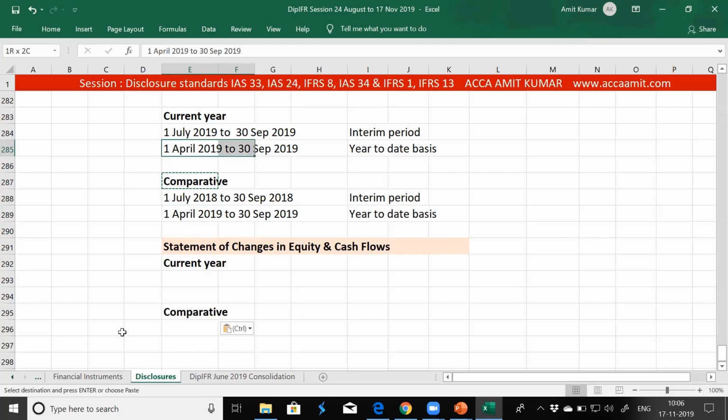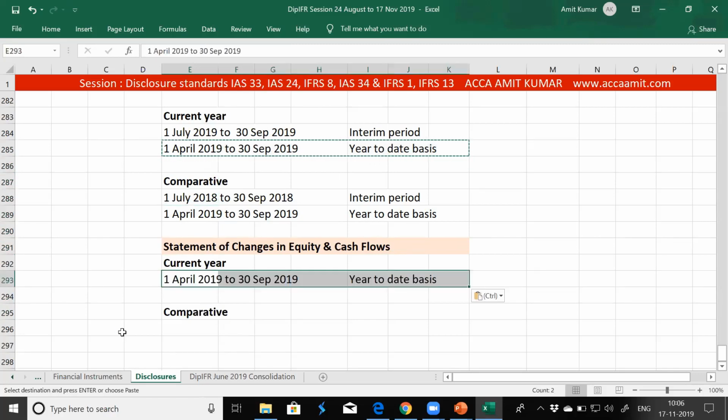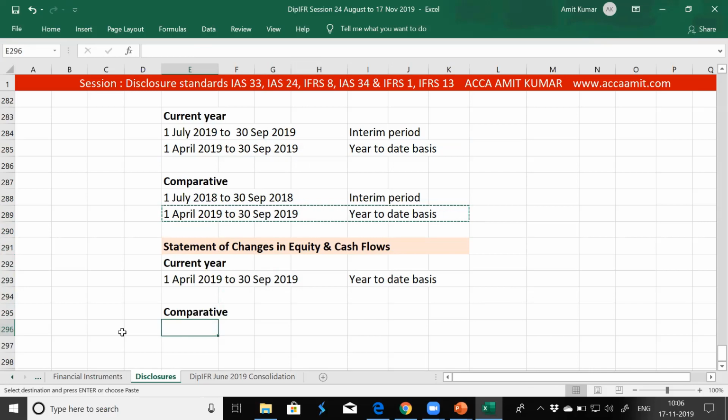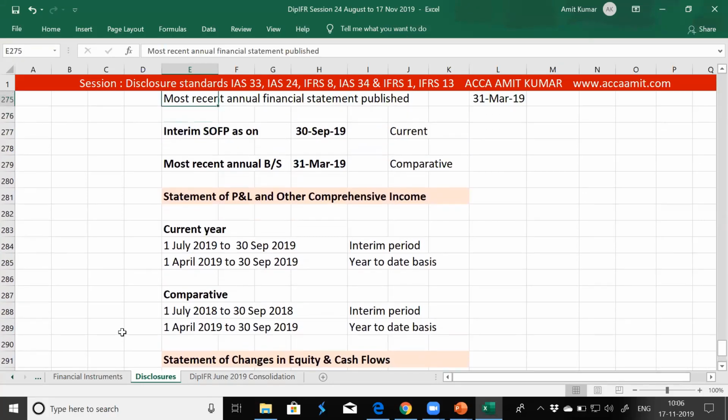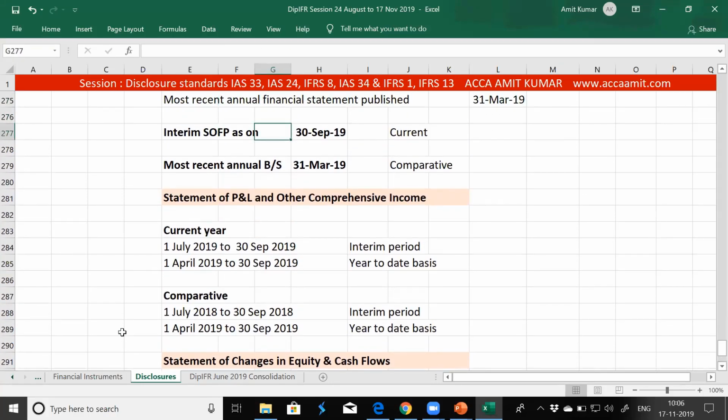We simply need to present year-to-date basis changes in equity, and for comparative, year-to-date basis cash flow. This is the requirement of IAS 34, that if you're presenting a balance sheet, give the balance sheet of the interim period end, and give a comparative of the most recent annual financial statement published.